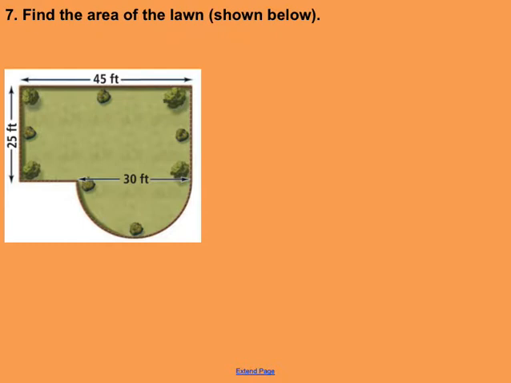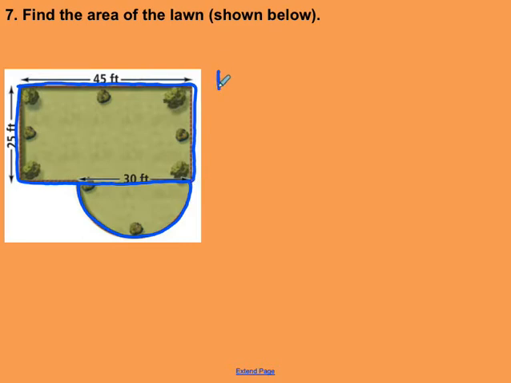Let's look at a problem like this. So in this problem we have 2 shapes going on. We've got a rectangle, which you can see I'm going to outline right here. So there's a rectangular shape. And we have half of a circle. So we're going to find each piece and then we're going to add them together.